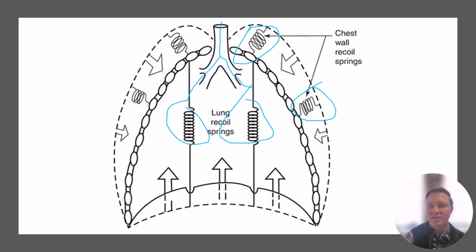But ultimately, these are the forces we have to overcome to expand the lungs, not only the elasticity of the tissue, but also the resistance of the gas flowing in as well. So we have this viscous resistance, is the fancy word, to oppose breath delivery.